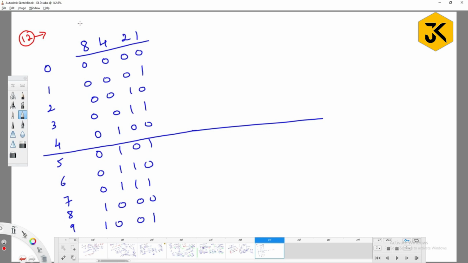For 2 I can represent 0010, meaning each and every digit I can store in the form of 4 bits in the 8421 approach. What about 0001 0010? This represents 1, this represents 2. In the 8421 approach, if I have 4 decimal digits, how many bits are required? 16 bits are required, because each digit requires 4 bits.